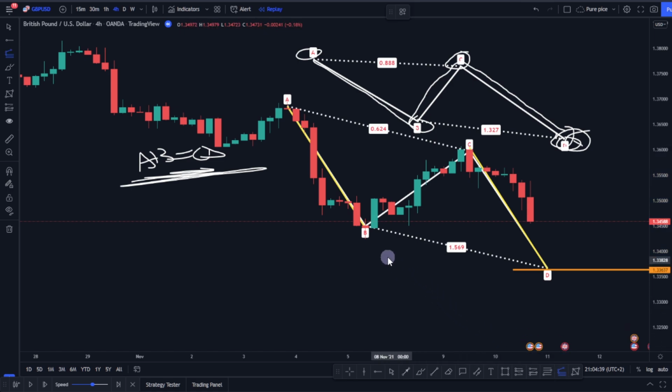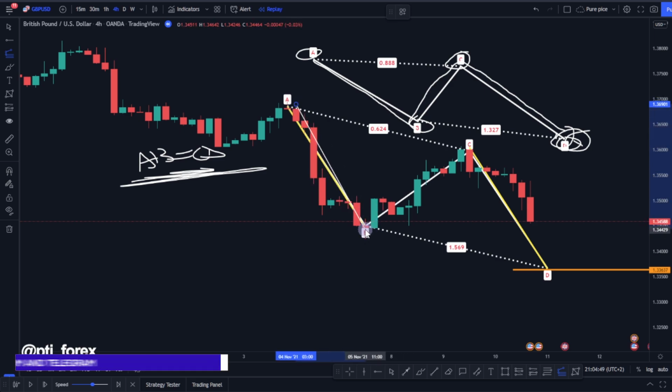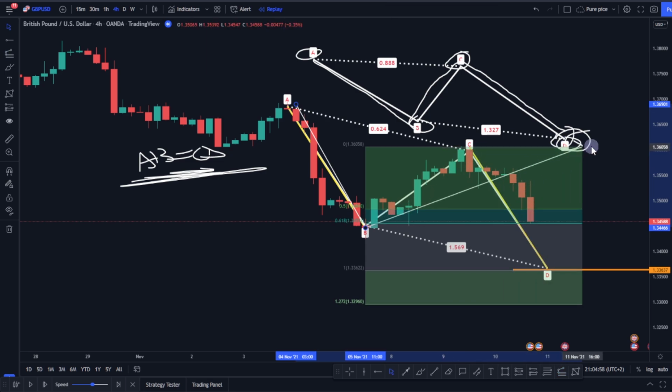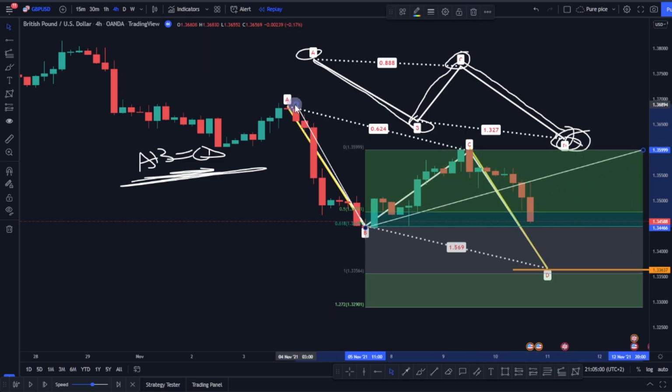Remember how it is used. You place it on your previous high like that, you click, and then you move your mouse to your most recent low, which is your B point. You click there, and then you move to your most recent high, and then you place it, and then you extend. Let me just extend it like that and place it there correctly.